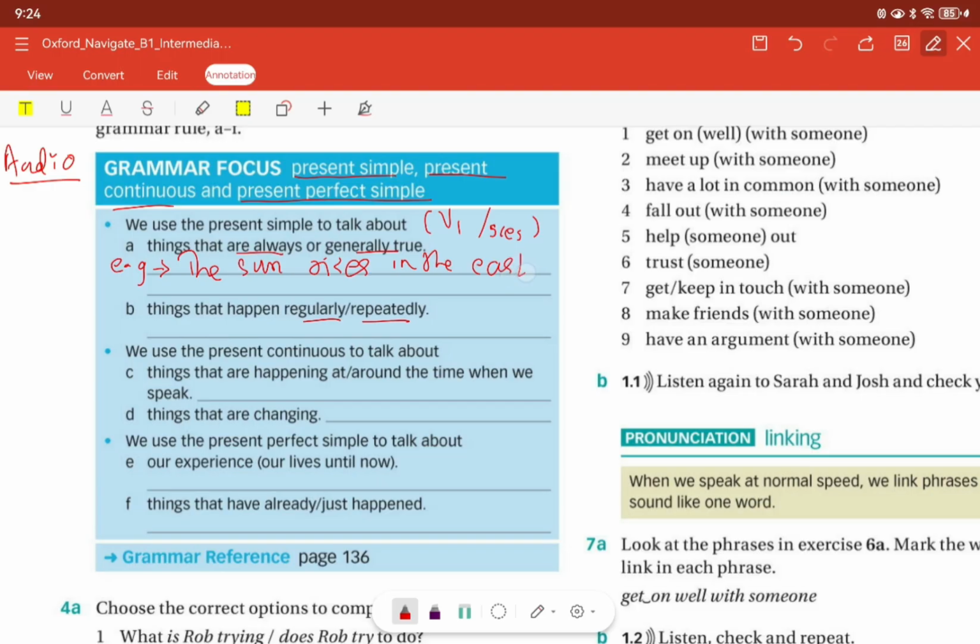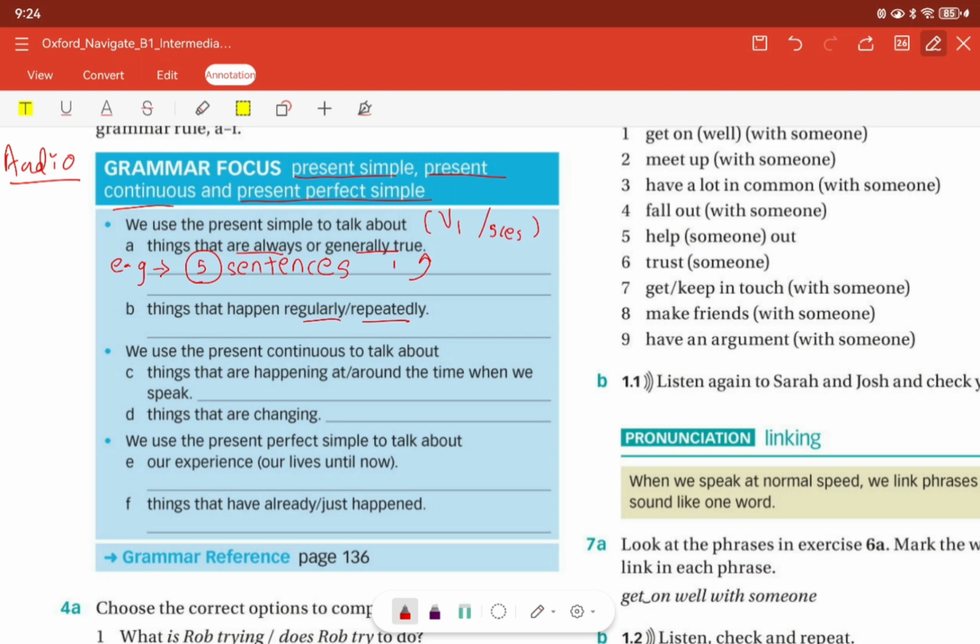This is always true. It can be said that it is generally, always true. Okay, so at least try to give me 5 example sentences for each rule here.